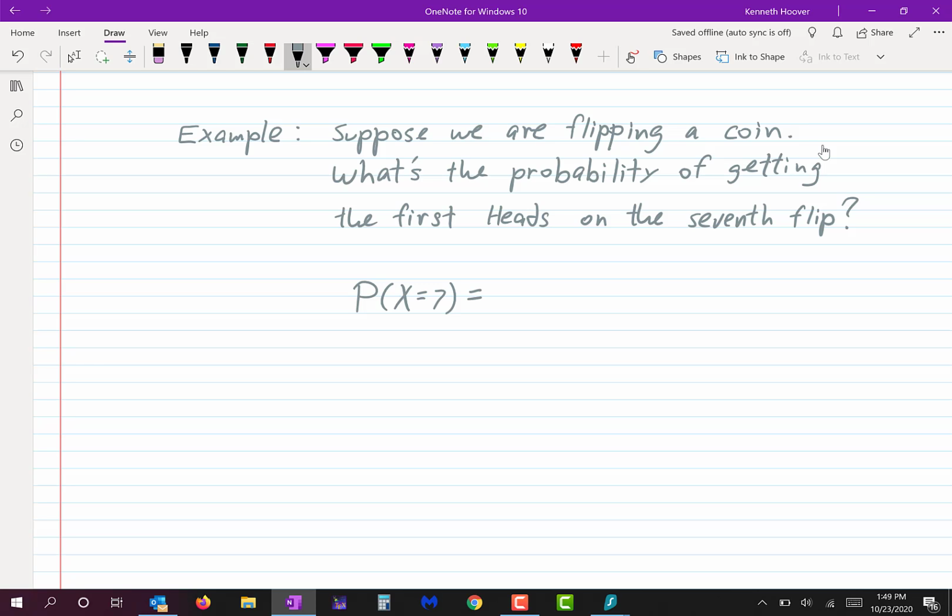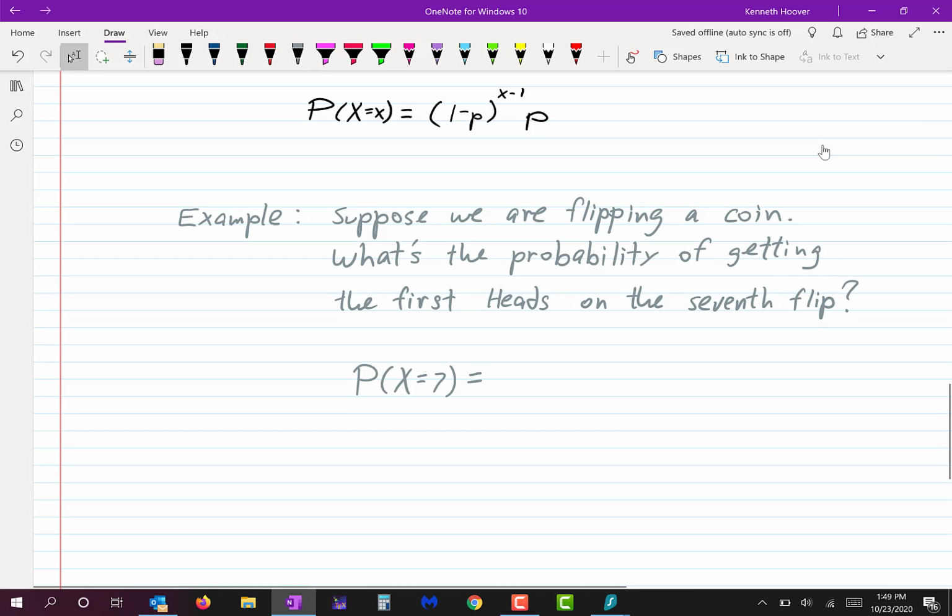Okay, and again, it's an easy formula. There it is right there. 1 minus p, where p is the probability of getting a heads, which is a half. So we write 1 minus a half to the power of 7 minus 1 times a half. So let's see what that's going to be.